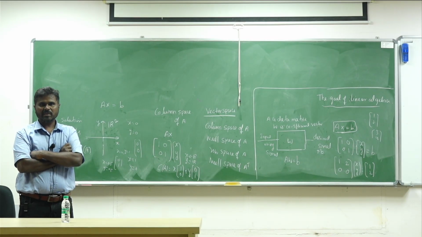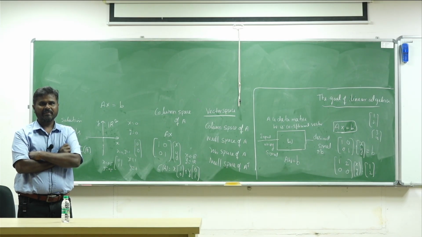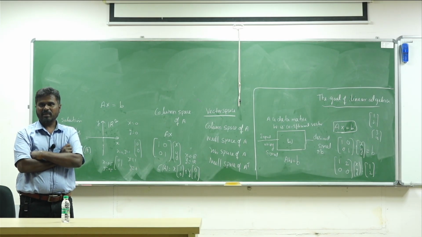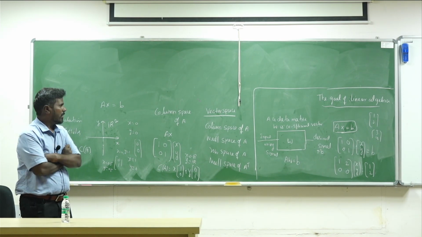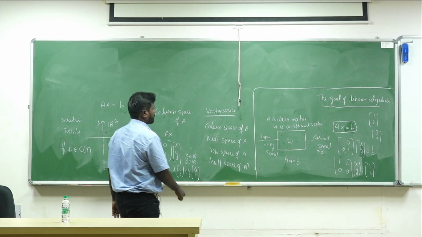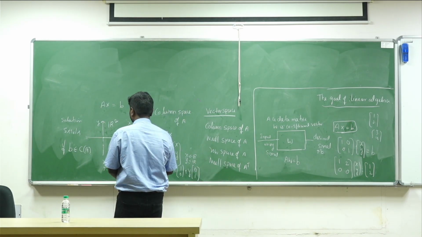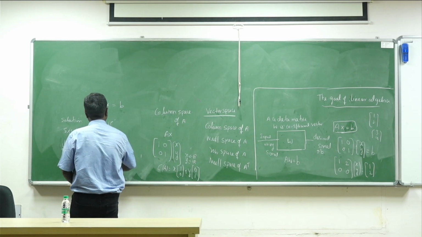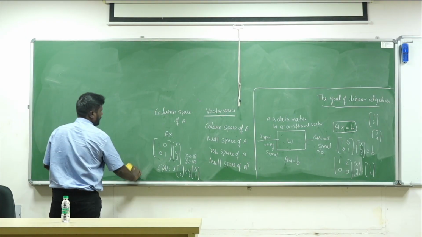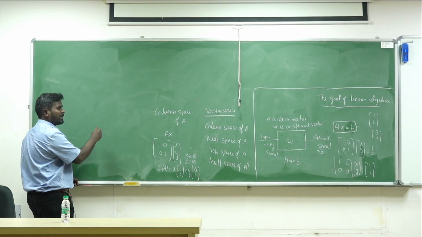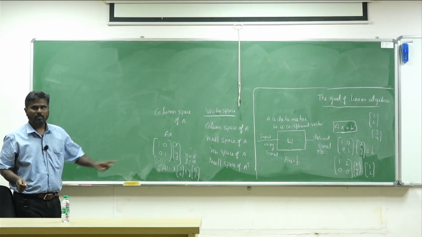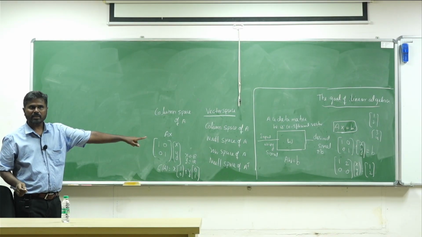What is the column space of that? Can you tell me what is the column space of that? The column space is the linear combination of the column vectors, right?